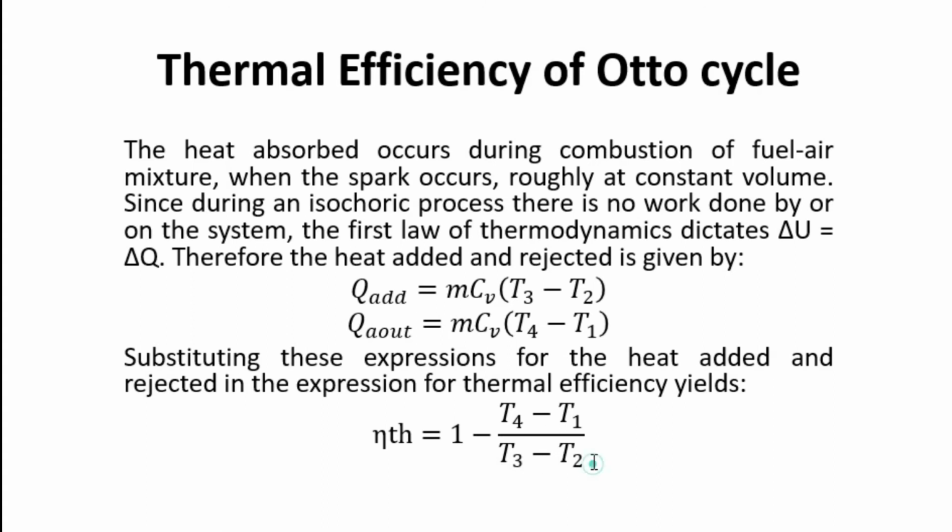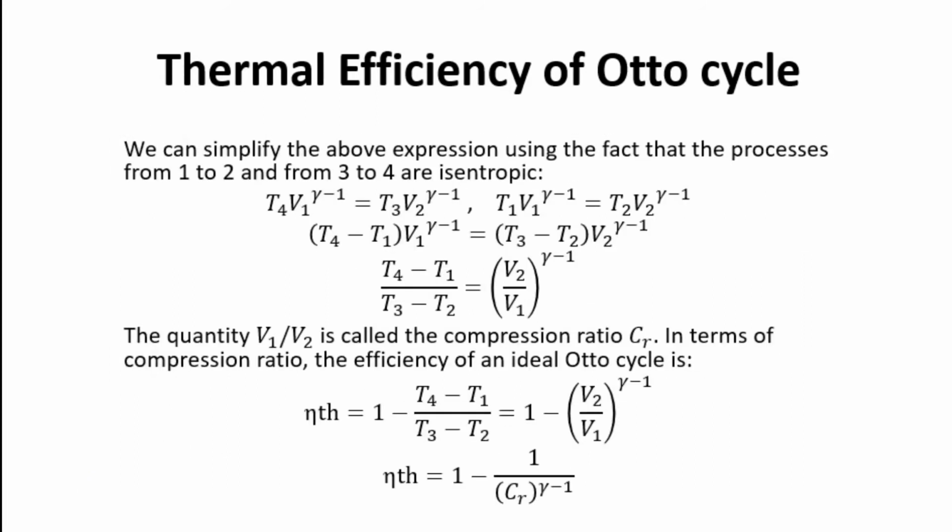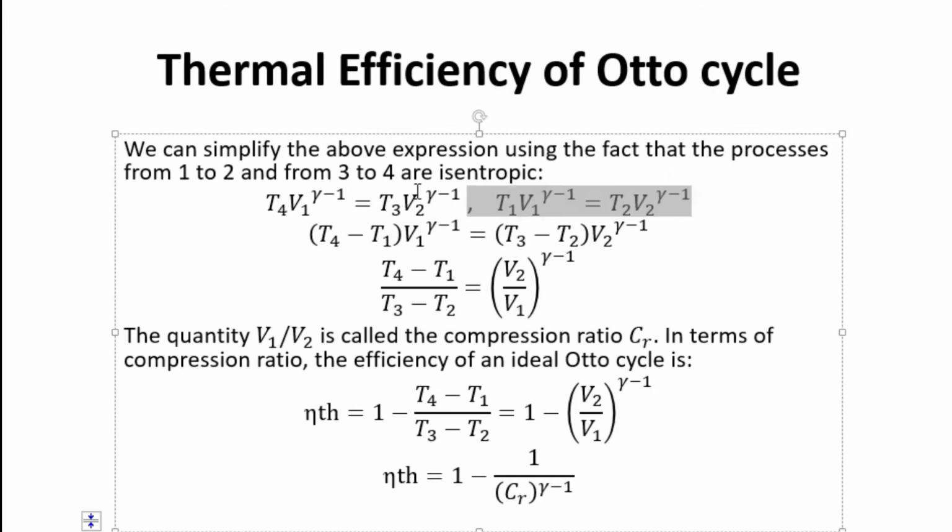Students, next we have to find the value of this T4 minus T1 over T3 minus T2. We will get this value from the equations. As you know, from state 1 to 2 and state 3 to 4 we have an isentropic process, that is, entropy remains constant throughout the process. So we can write this equation as T4 V1 to the power gamma minus 1 is equal to T3 V2 to the power gamma minus 1.